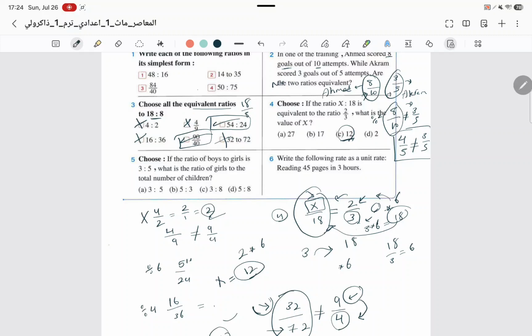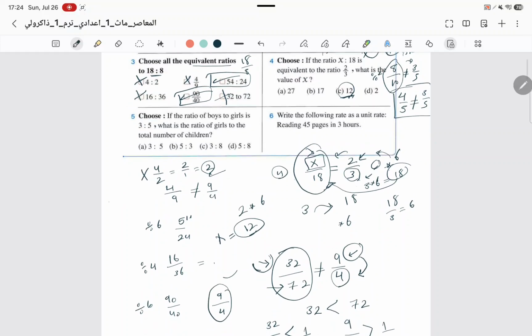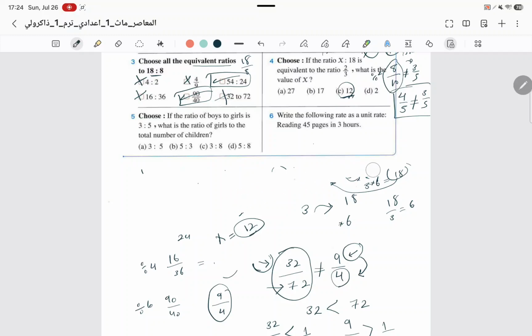Okay, that's an easy idea. The fifth example says: if the ratio of the boys to the girls is 3 over 5, what is the ratio of the girls to the total number of the children?